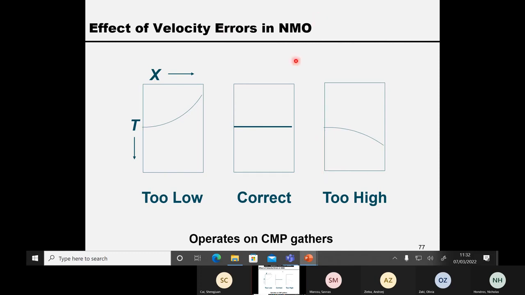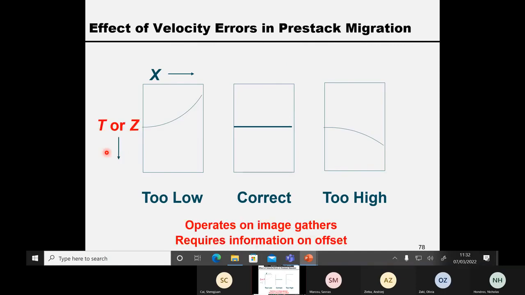The same phenomena happen for migration, on either the time or Z axis: velocity too low and velocity too high. But if we have the right velocity, you do need to tune the velocities based on the image gather.